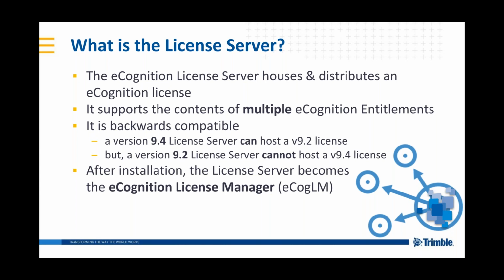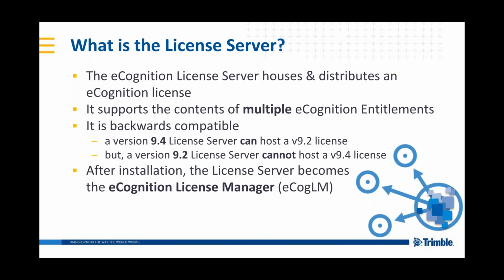That being said, if you have an eCognition 9.4 license, but for whatever reason you'd like to use an older version of the software, you can still use the 9.3 version of eCognition Developer via your 9.4 license and via a 9.4 license server.